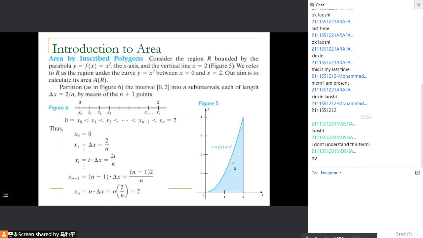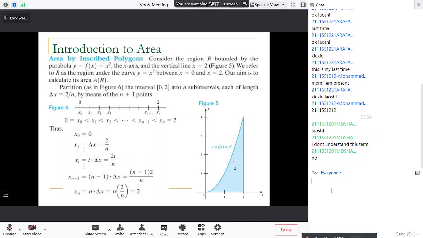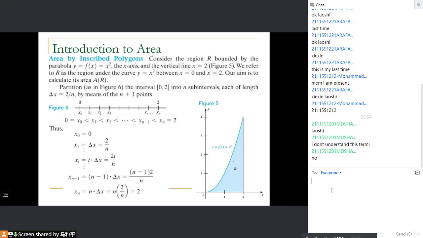But how? We can use sub-rectangles, inscribed rectangles and circumscribed polygons to approximate the area of this region.